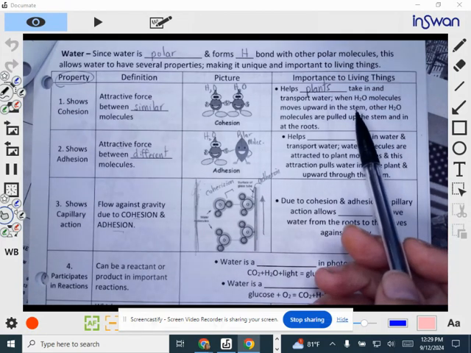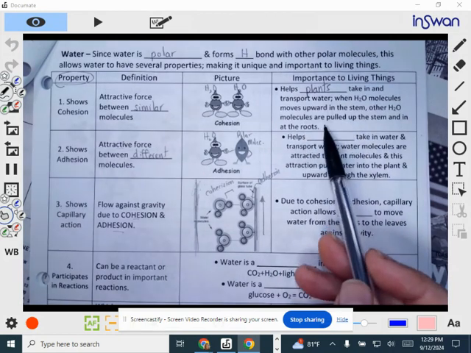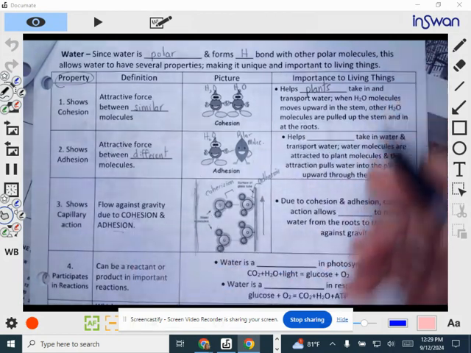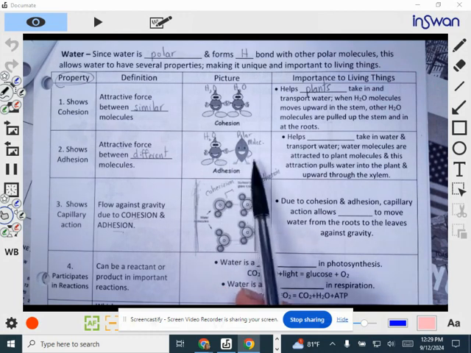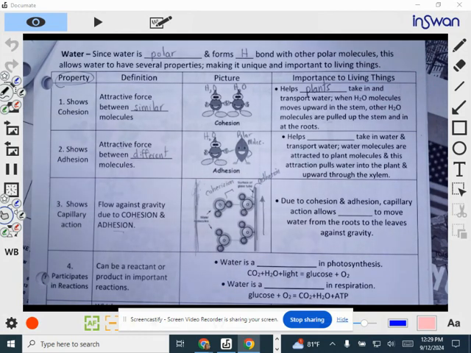allowing plants to take in water and transport it from the roots to the leaves. When one water molecule goes into root cells, other water molecules are pulled in. That's some cohesion. The water is also attracted to the molecules of the plant, so there's adhesion. That's why the water goes into the plant cells in the roots in the first place.